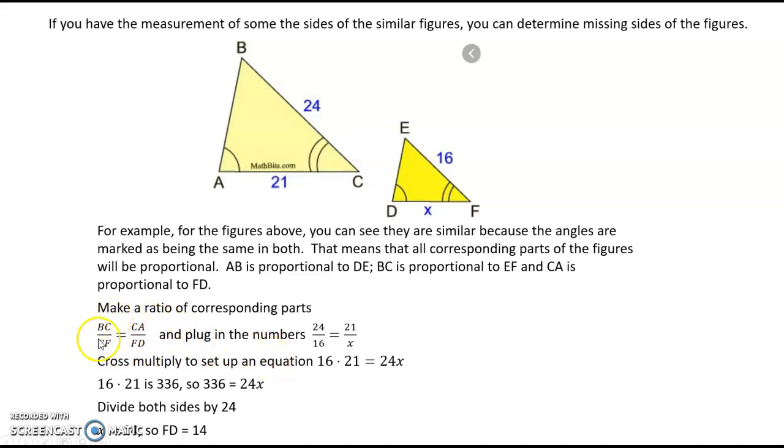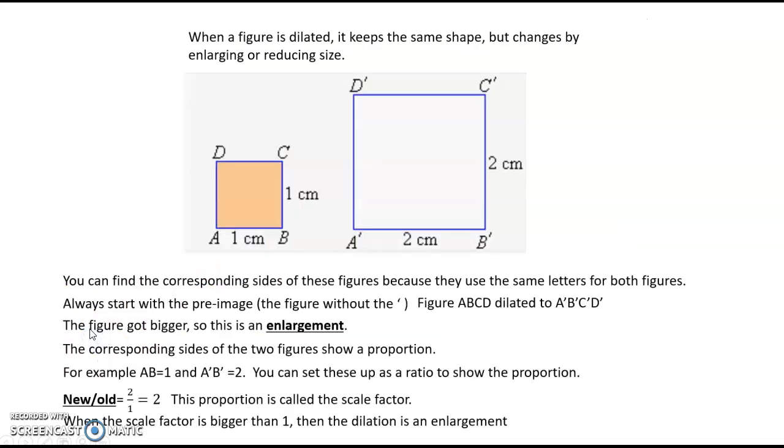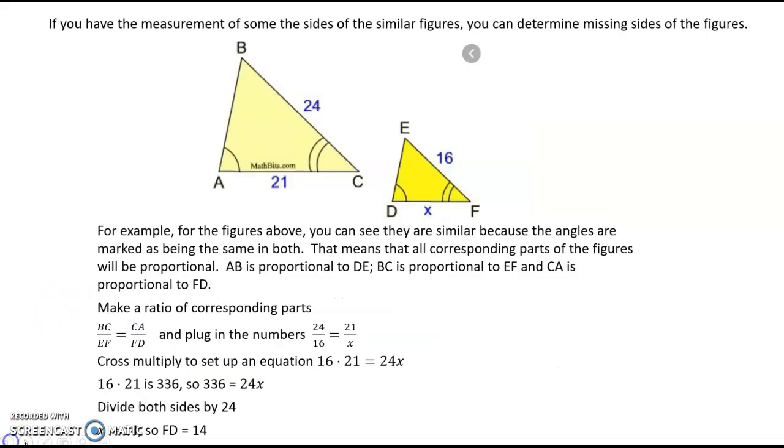What is the length of BC? BC is 24, so we put 24 in the top. EF in the denominator is 16, so we put 16 in the denominator.